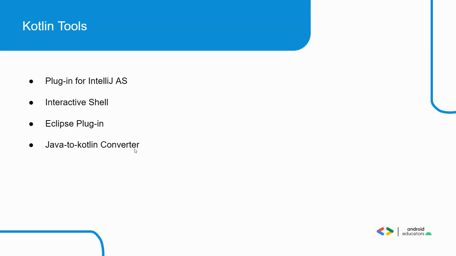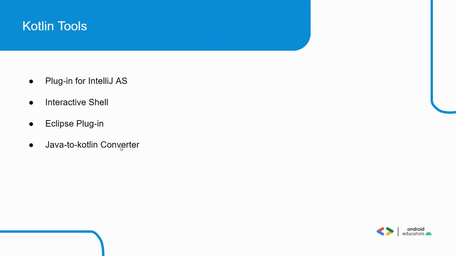When you paste into a Kotlin file, not a Java file, the plugin will recognize, okay, this is Java code, do you want to convert it to Kotlin? The compiler or plugin will ask you to convert it with the help of the Java to Kotlin converter, and it converts your Java code into Kotlin code in an efficient way.